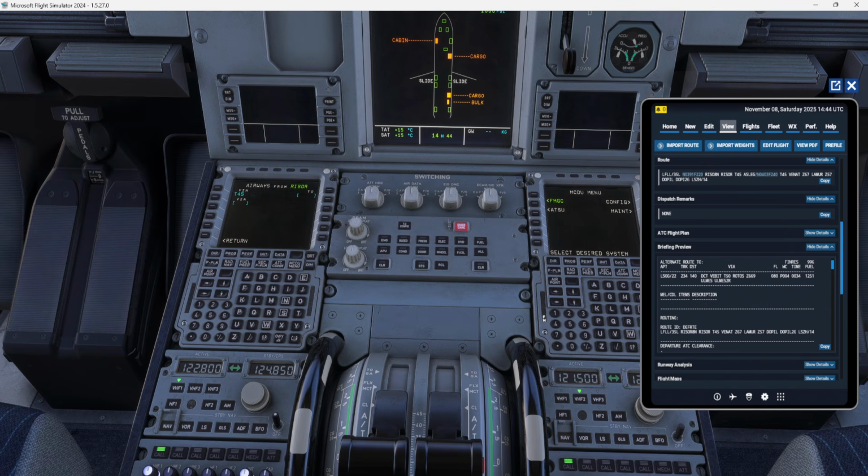Then I write directly Zulu 76. It gives us VNAT. Then I write Zulu 57. Direct DOPIL. So here we have DOPIL, and insert. Then we go arrival, and we insert runway ILS 14, and we have DOPIL to Golf arrival.